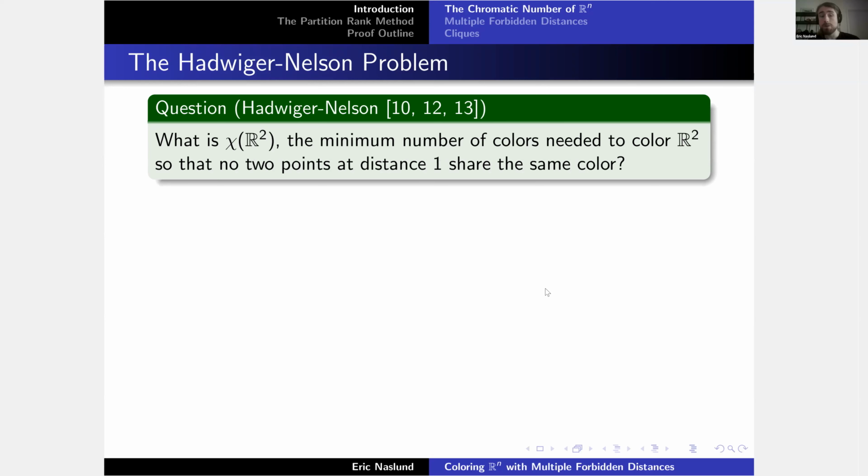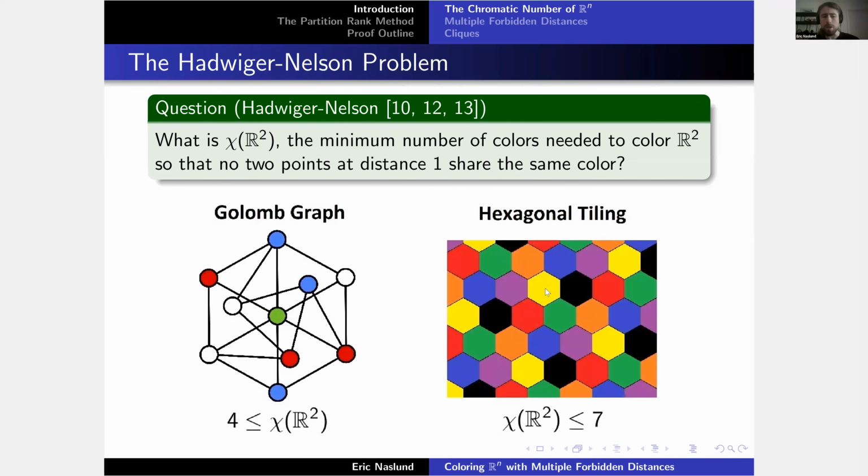We denote this minimum number of colors by chi of R2, and we're going to be using that kind of notation throughout. For a very long time, the best bounds were that it was at least 4 and at most 7. These are pictorial representations of why it would be at most 7 and at least 4.